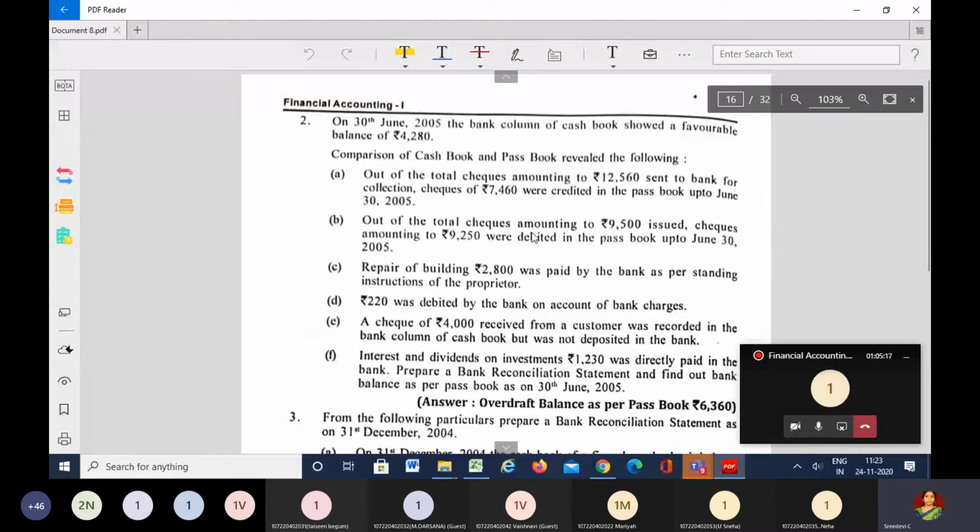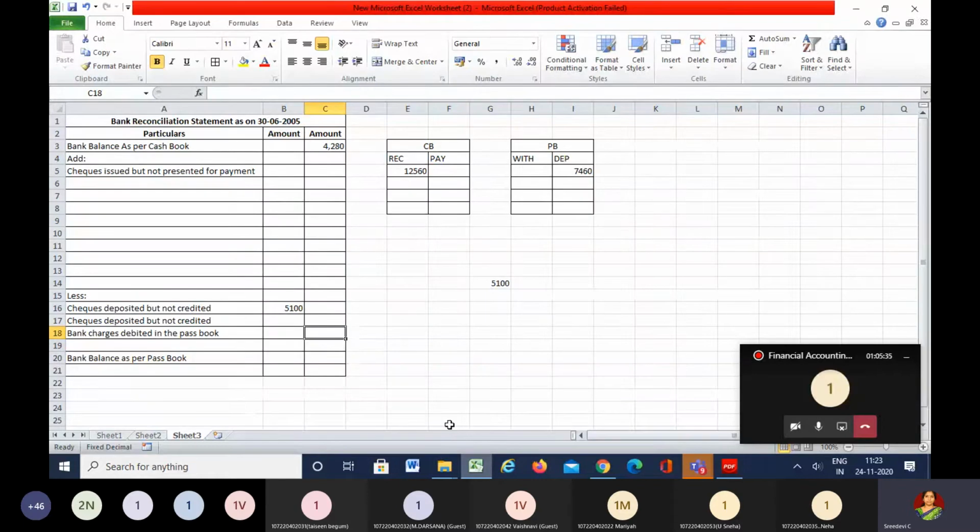Now coming to the next one. Out of the total checks amounting to 9,500, the checks have been issued, but checks amounting to 9,250 were debited in the passbook up to 30th of June 2005. When checks are issued, we show the transaction on the payments side.